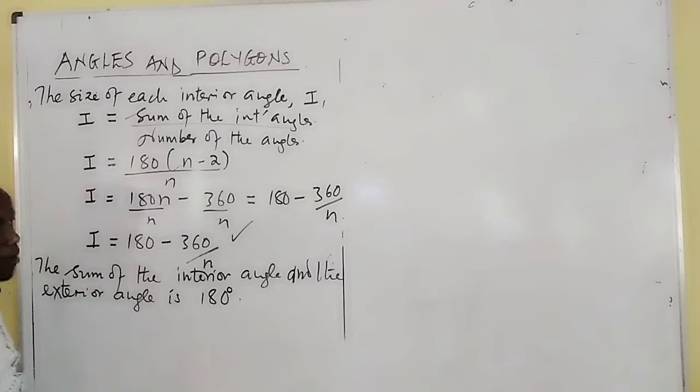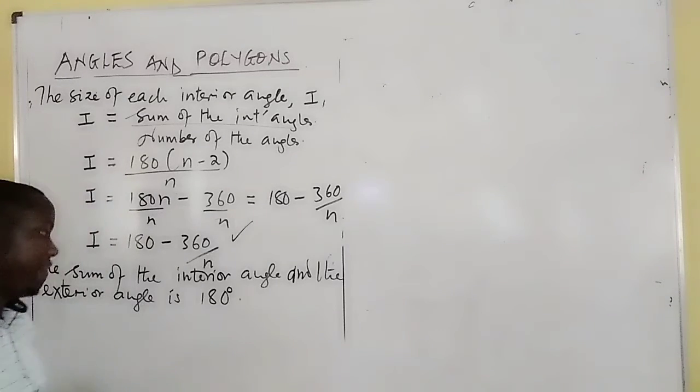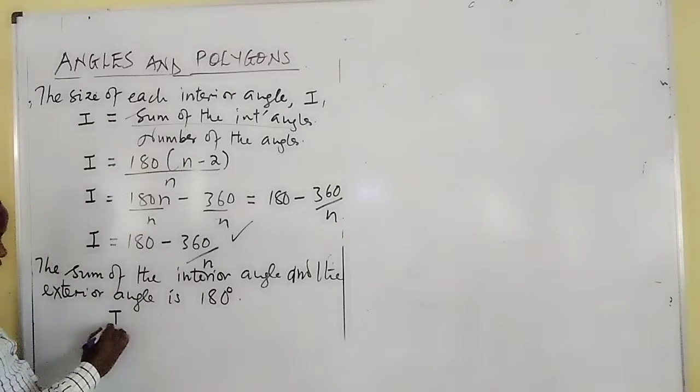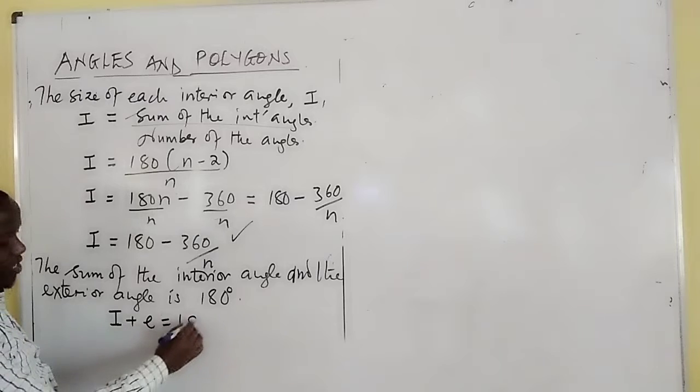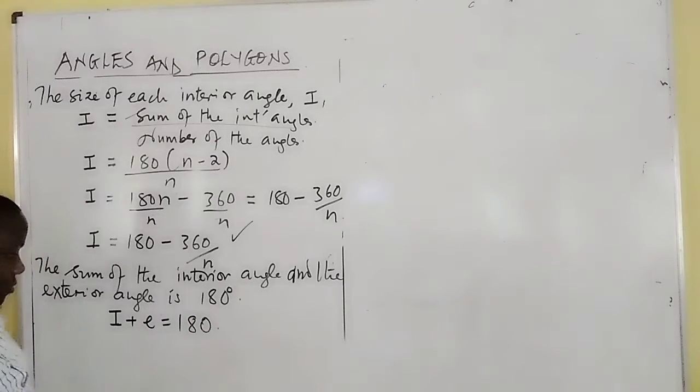Therefore, at any given moment in a particular polygon, the interior angle plus the exterior angle give us 180.